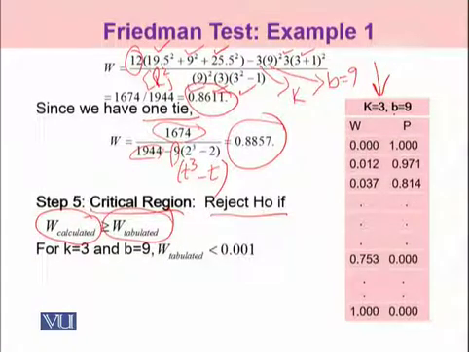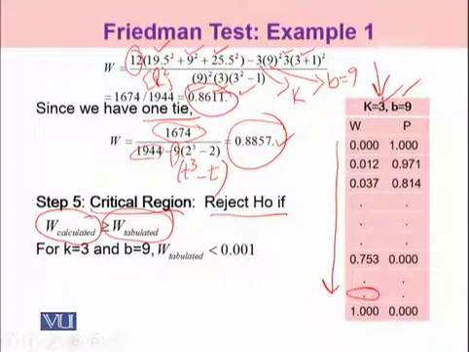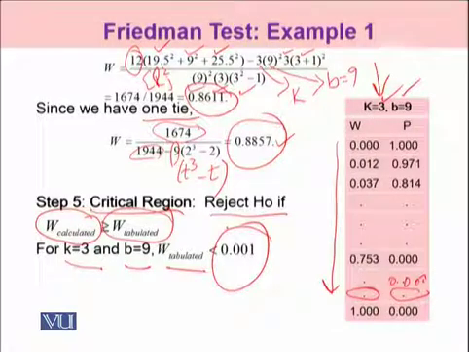Here you had to search for the value 0.8857 under W. So for K 3 and B 9 we searched for W. It was lying somewhere here because the value is 0.8857. Against this, the probability observed is 0.000. So for K 3 and B 9, the W tabulated probability is less than 0.001 because it is exactly 0.000.